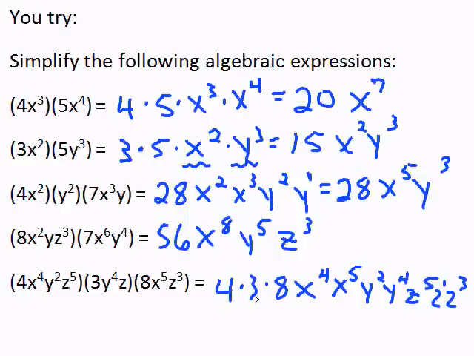So that leaves us 4 times 3 is 12, times 8 is 96. x fourth, x fifth gives me x to the 9th. y squared, y to the 4th gives me y to the 6th. z fifth, z first, z third. You add all three of them together, giving me z to the 5, 6, 7, 8, 9. z to the 9th. And there you go.